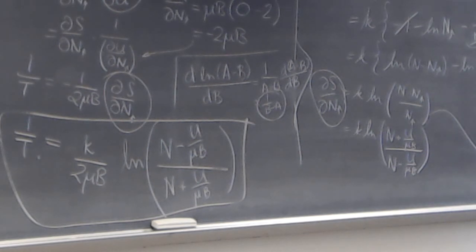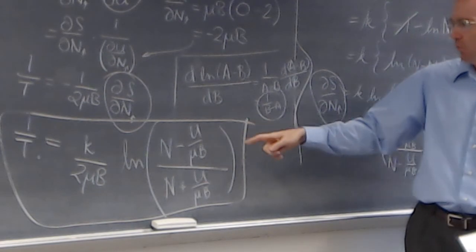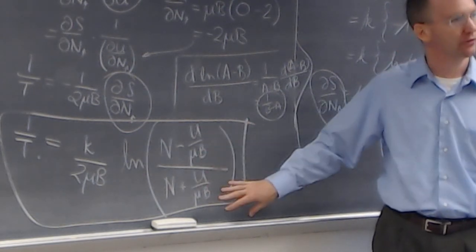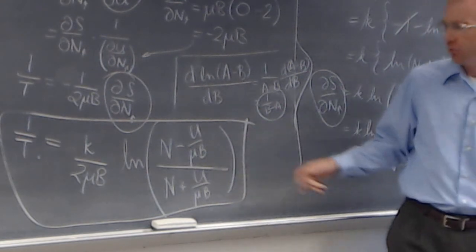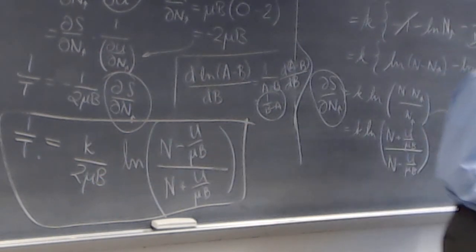I had it correct on my paper here. What I had done was, I had it n plus over n minus originally, but by inverting this in the natural logarithm, I can get rid of the overall negative sign out front, which is just, there's no point keeping it around.